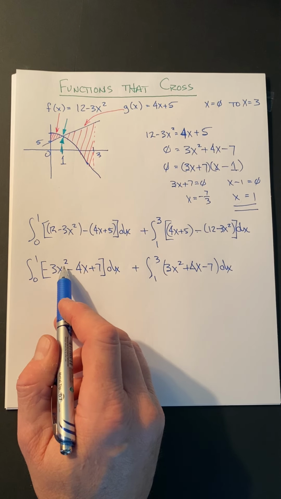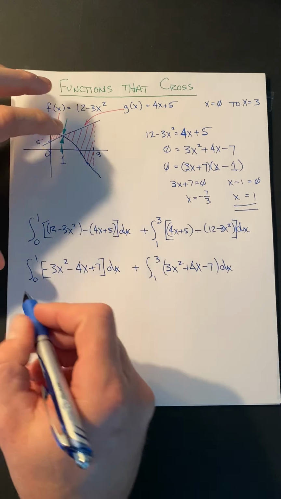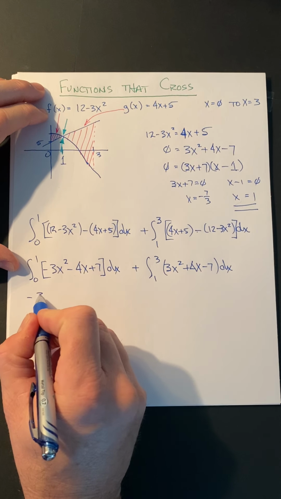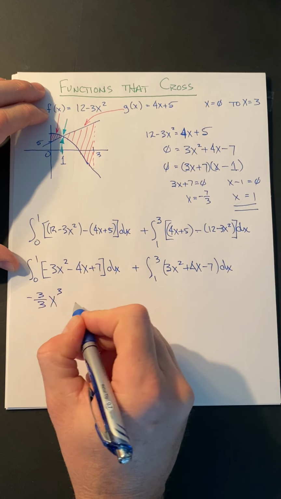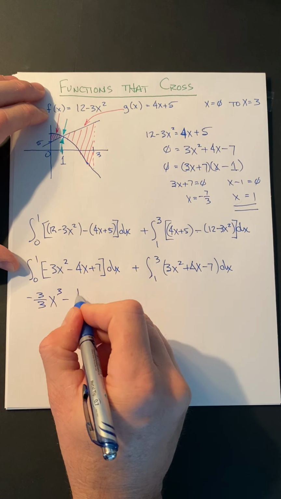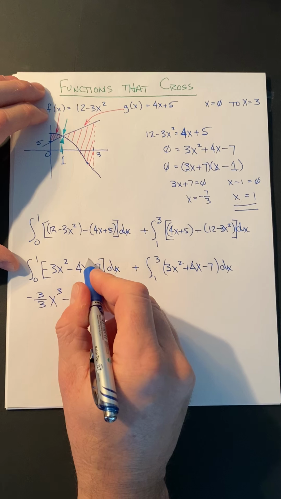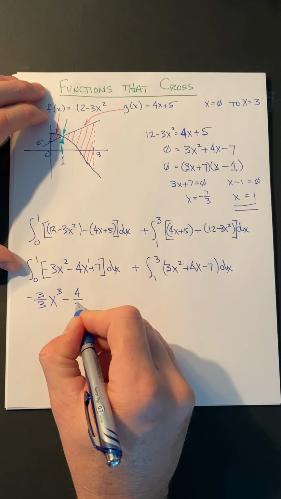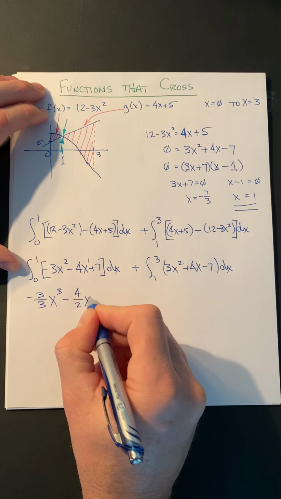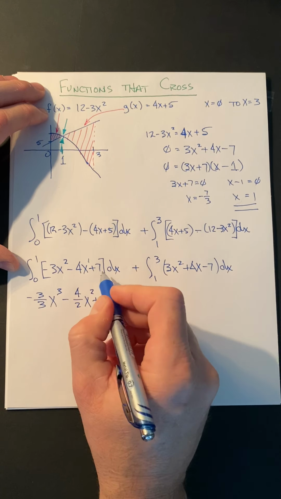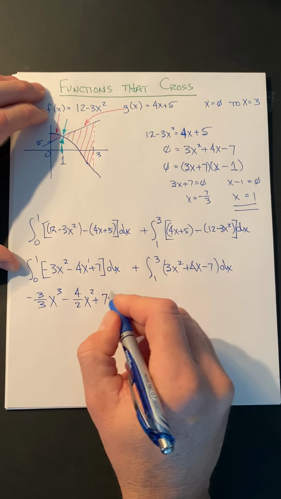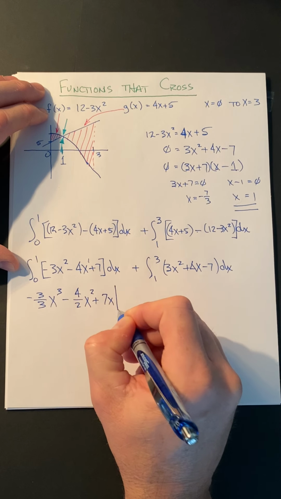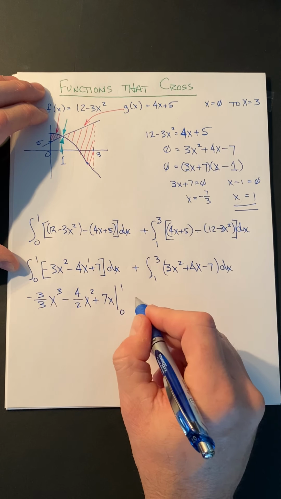N is going to be 2, so I'm going to have minus 3 over n plus 1, x cubed, minus 4, n is 1, so n plus 1 is 2, x squared, plus, and I know the integral of a constant is going to give me 7x, and that's from 0 to 1.